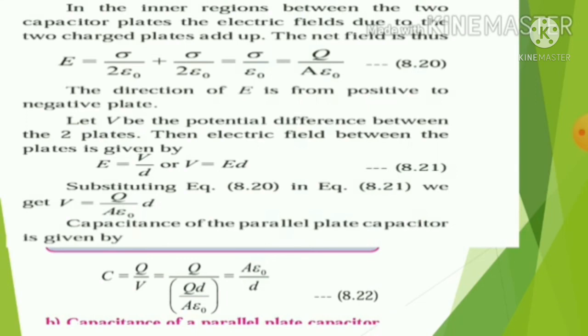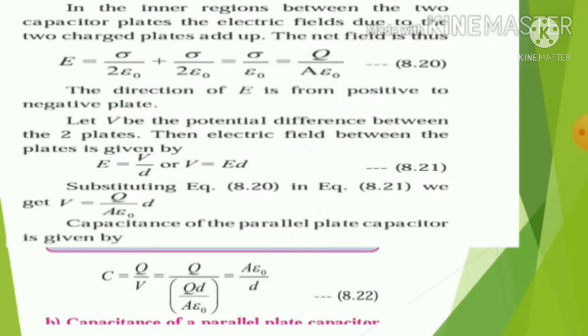The direction of the electric field is from the positively charged plate to the negatively charged plate inside the condenser or capacitor, which is shown in the above figure.